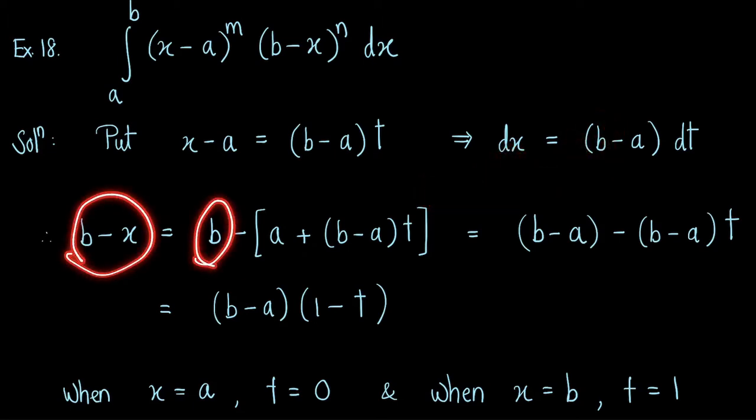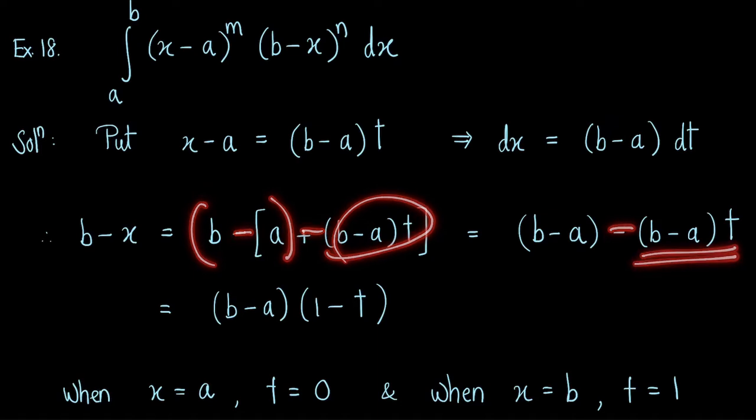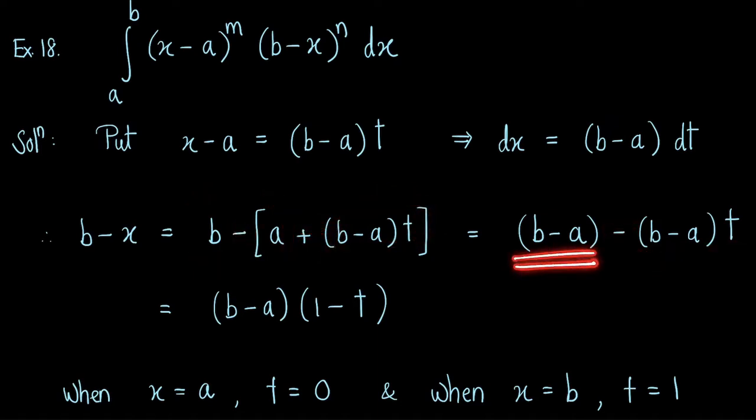Therefore, b minus x will be b minus a plus b minus a into t. So this implies b minus a minus b minus a into t, and if you take b minus a common, we get b minus a into 1 minus t.